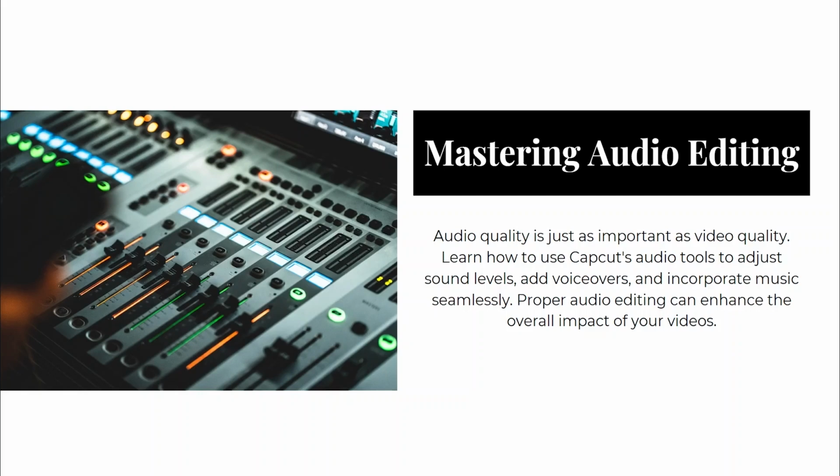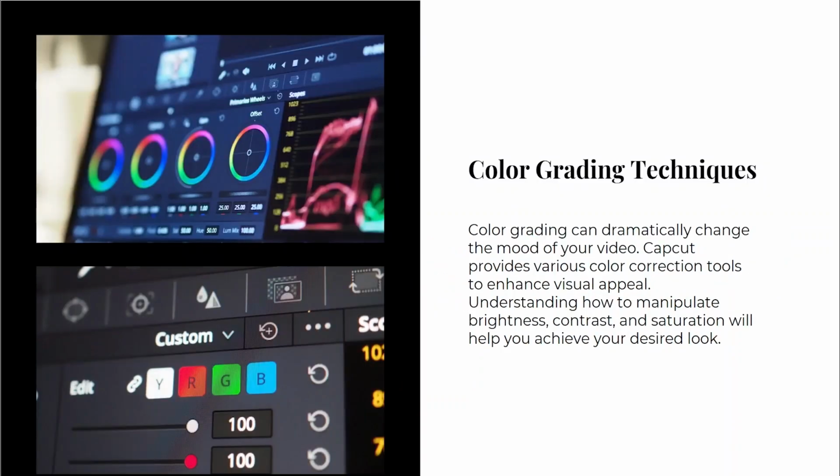Okay, and the next thing we are going to learn over here is color grading techniques. So if you have a particular set of video, you can color grade and take that footage to a different level. Okay, so color grading can dramatically change the mood of your video. Like if you want to change the temperature of the video through color change, you will be able to do that.